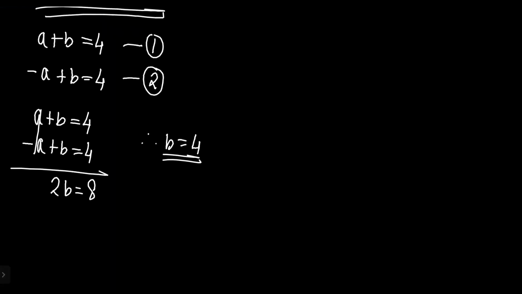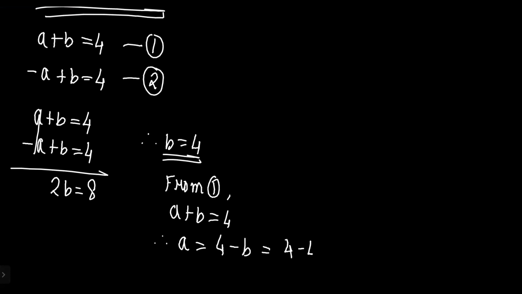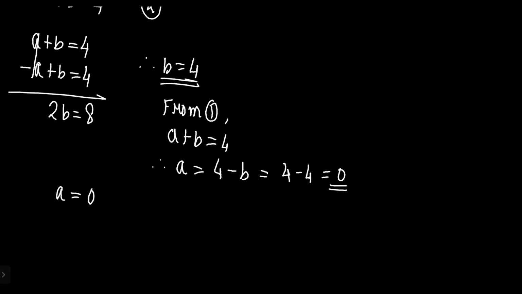Okay, now from equation 1, a plus b is equal to 4. Now a is equal to 4 minus b. Now what is b? b is equal to 4, so 4 minus 4 equals 0. So a is equal to 0 and b is equal to 4.